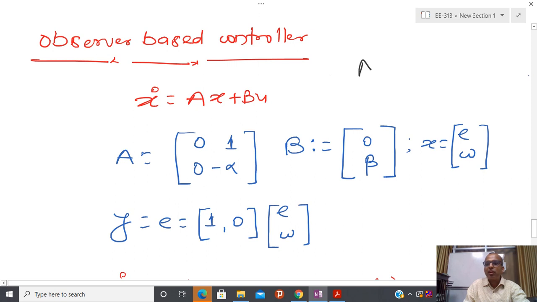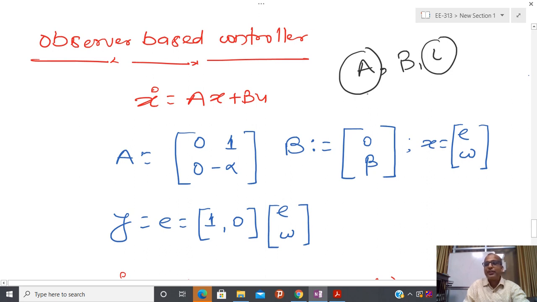So you know all the matrices A, B, C. In order to talk about observability, you have to look at A and C. You can make the Kalman matrix in terms of A and C and check the rank. If you assume y, that is theta, is measurable, it is possible to show that the system is observable.